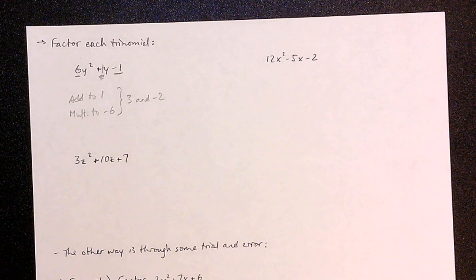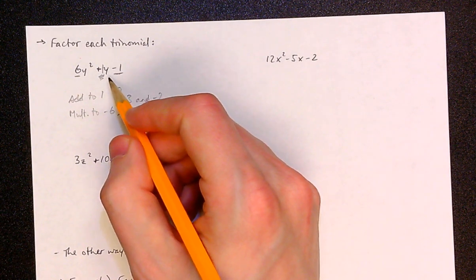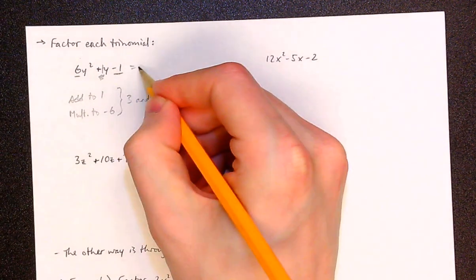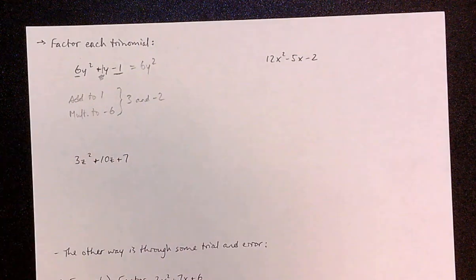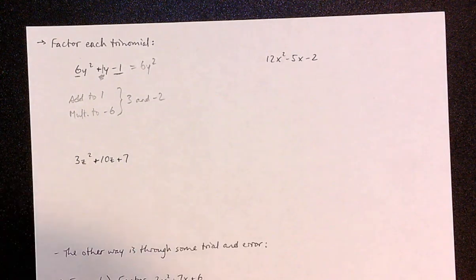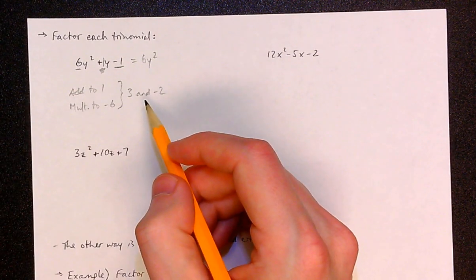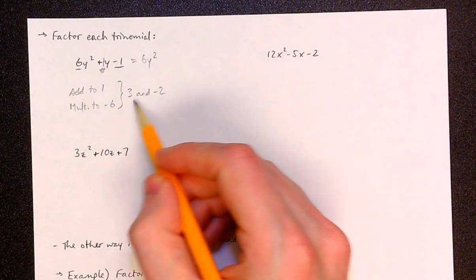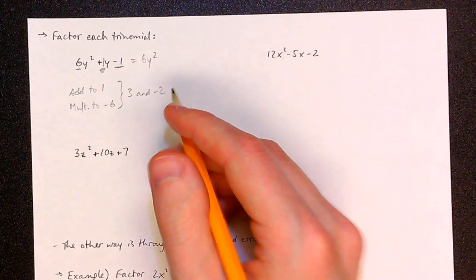So now what we're going to do is take this middle term, that plus 1y, and rewrite it so that it's a sum of two terms, each containing just a y, and the numbers in front of those y's are going to be the 3 and the negative 2.